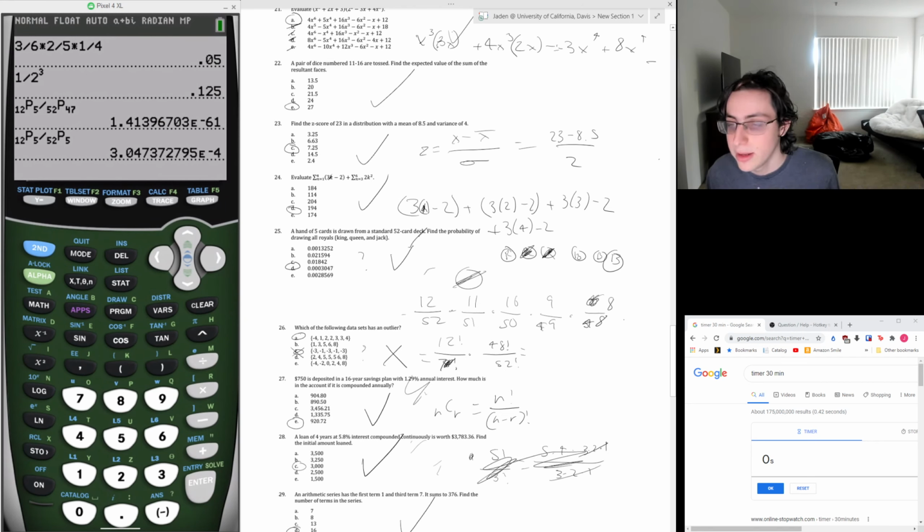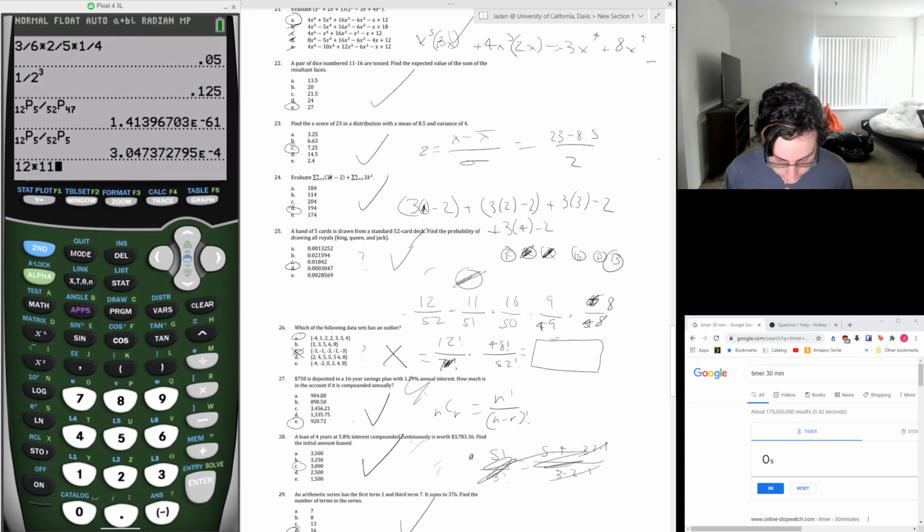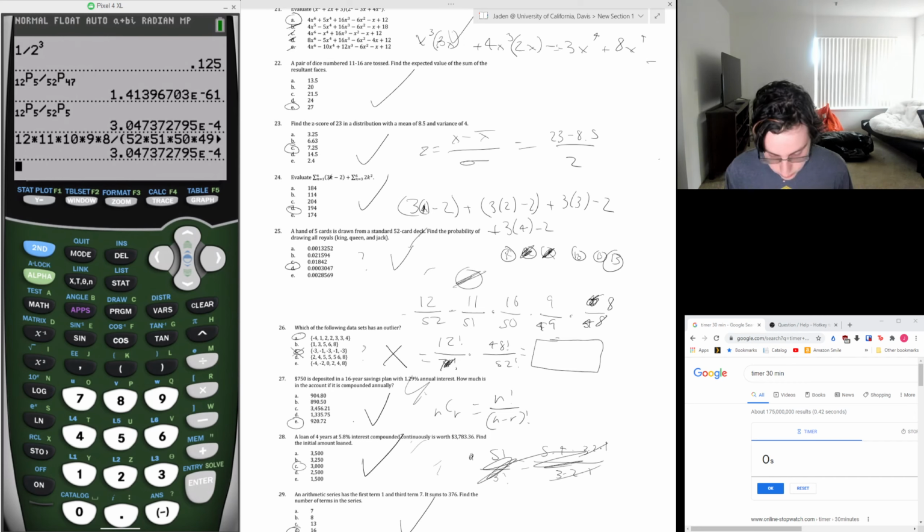And if we multiply that out, that gives us the result of 3.047. As well as if I do 12 times 11 times 10 times 9 times 8 divided by 52 times 51 times 50 times 49 times 48. Same thing, and that gives you the result.